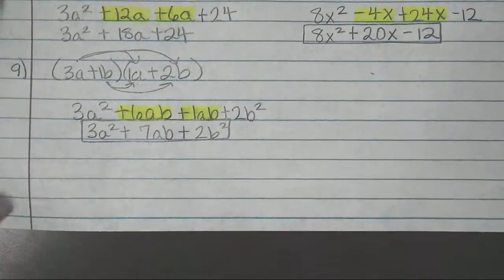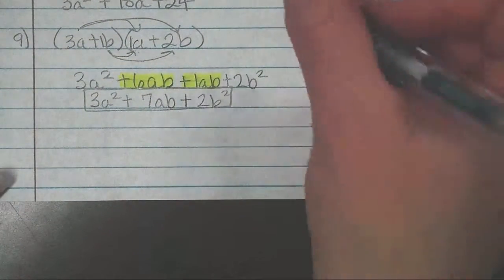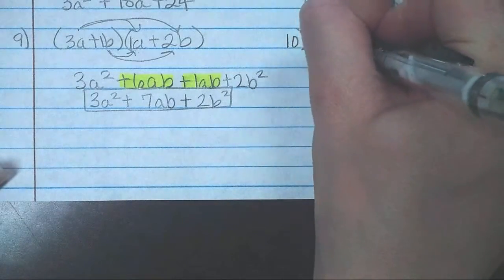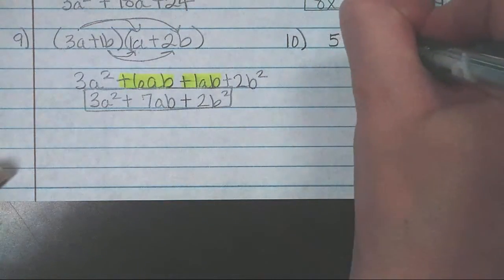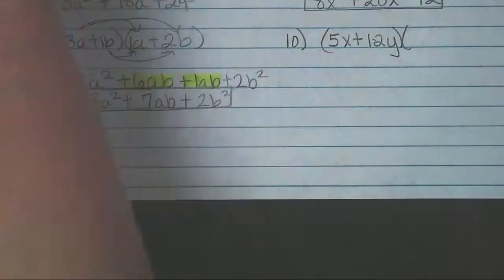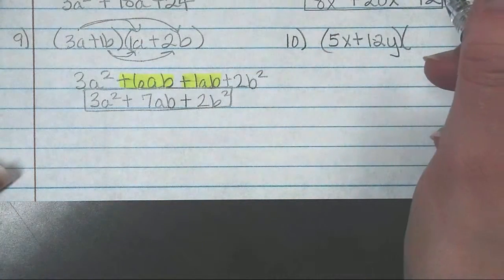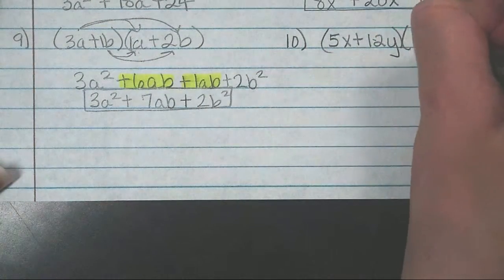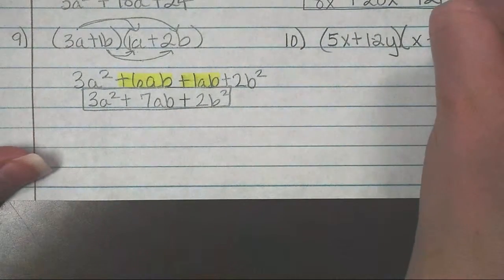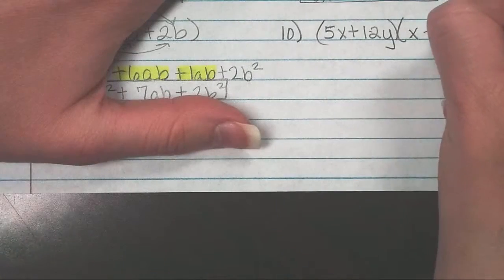One more like this, number 10. 5x plus 12y. Here's your first binomial. And your second binomial is x minus 2y.